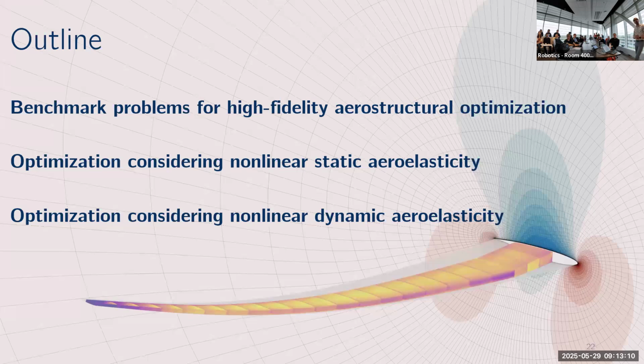In the rest of the presentation today, I'm first going to talk about developing some benchmark problems for aerostructural optimization. Then I'm going to talk about optimization considering geometric nonlinearity in static aeroelasticity, and then finally in dynamic aeroelasticity.